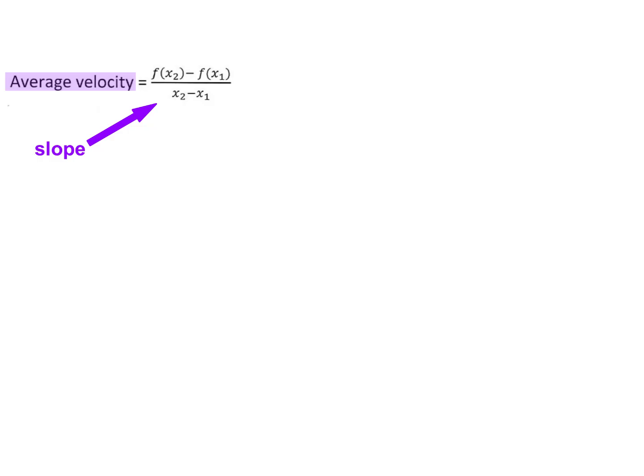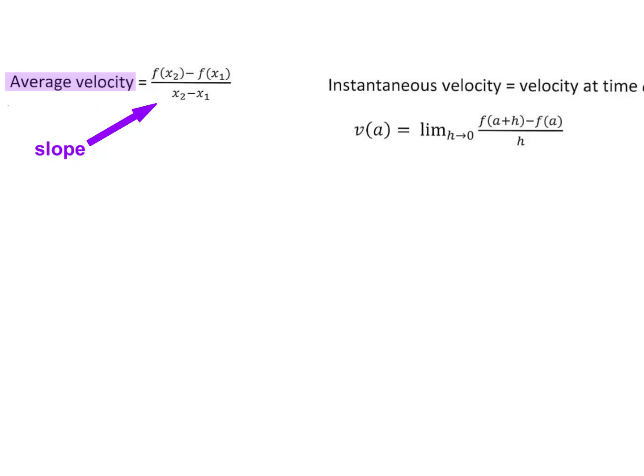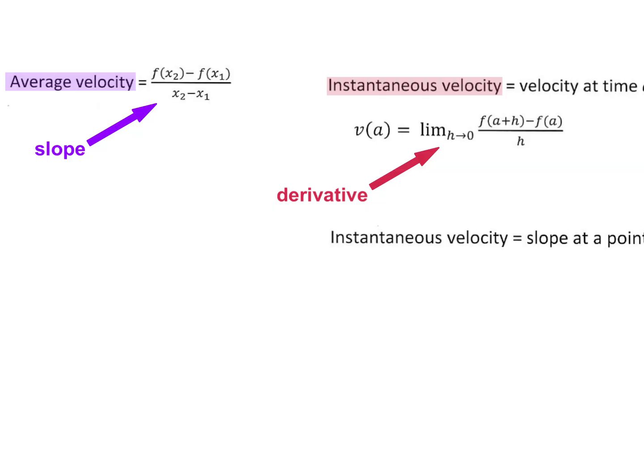When you find the instantaneous velocity, we're talking about the first derivative. And that's what this is. The first derivative is going to give you that instantaneous velocity or the slope of the tangent line at that particular point, at that time a. And so what's important to understand is that this is the derivative. The first derivative will give us that instantaneous velocity.